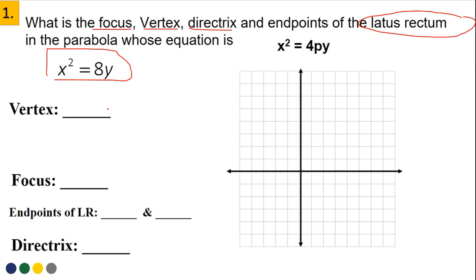What is the vertex? Kung walang value ng h, k, just open your mic, guys. Open your mic. Do not use our in-call messages. Just open your mic. If you know the answer, if we don't have the value of h, k, what is the center? Hello, it should be an ordered pair. Sino nakakaalam na sagot?